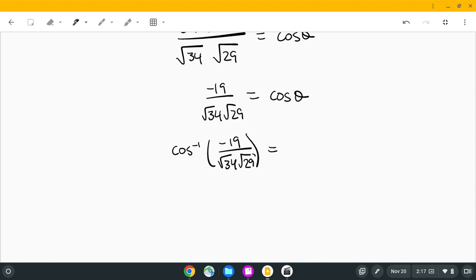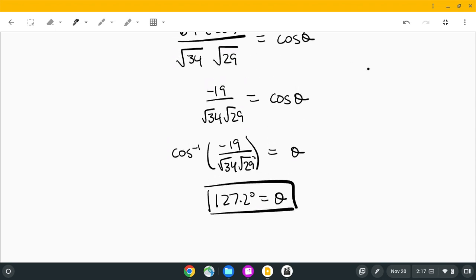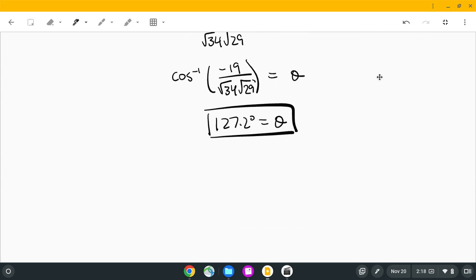Let me be consistent. 127.2 degrees equals theta. All right, so again, it works the same way whether you have ij form or component form. Okay, let's take a closer look at that formula.